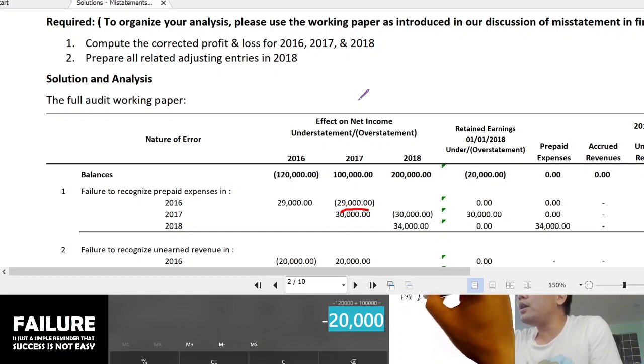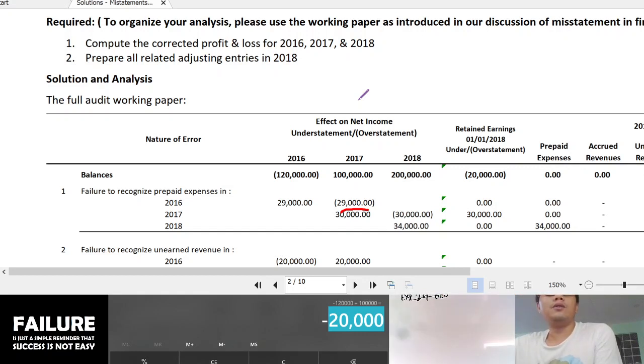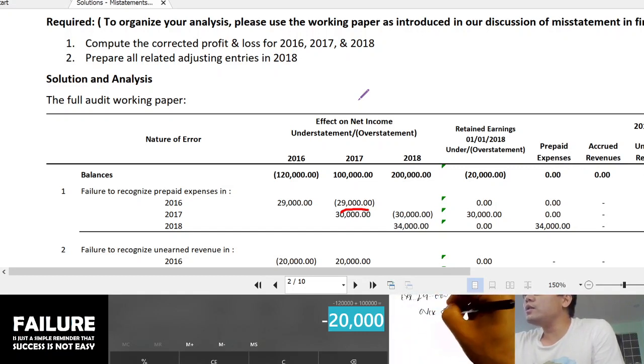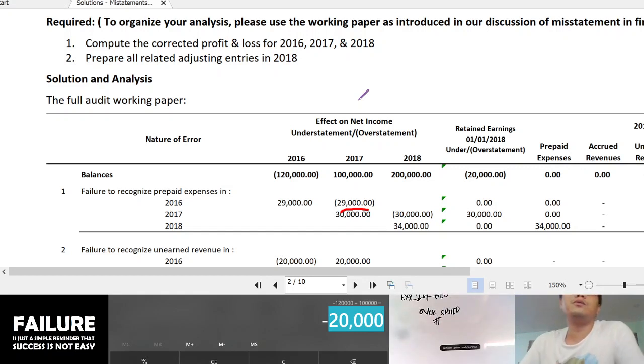Pero ano yung nangyari? Hindi mo siya na-recognize. So what happens? Your net income now is overstated. Kasi dapat may dinidak ka na expense pero hindi mo nagawa kasi yun nga, ginawa mo na noong 2016 erroneously. Sobra yung net income mo.